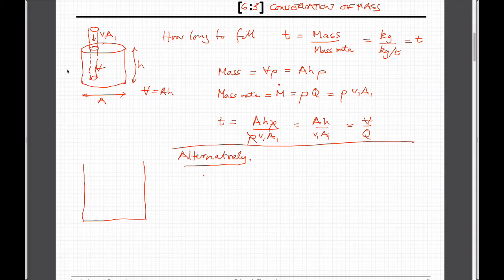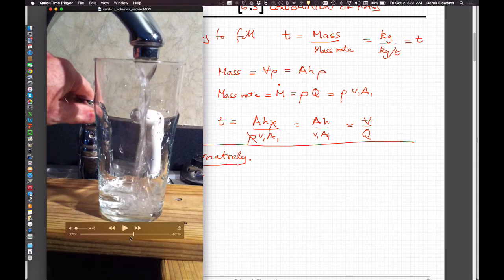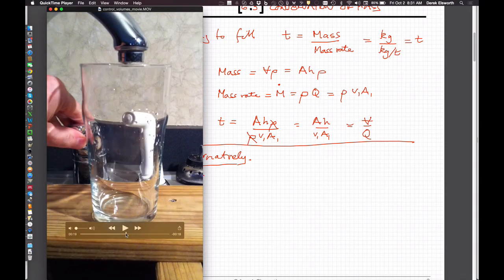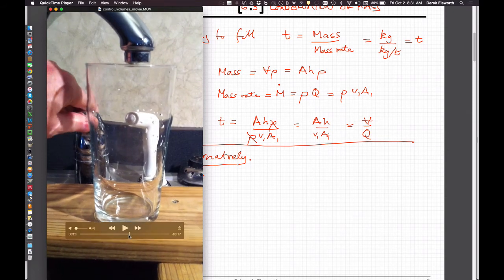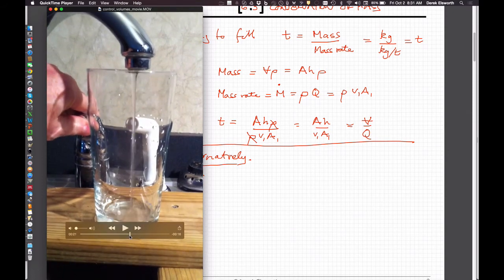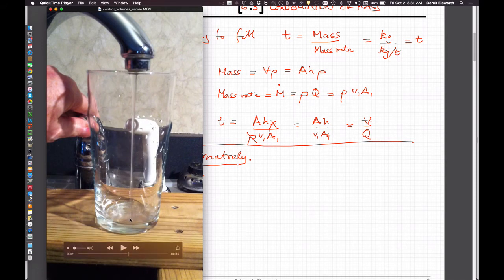And instead of starting our calculations at time 0, which is now, just before I turn the faucet on, maybe we start our calculations at a time a little bit later, when the bead of water has first hit the bottom.